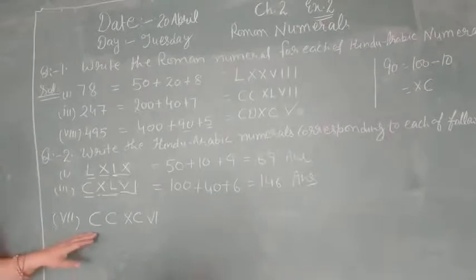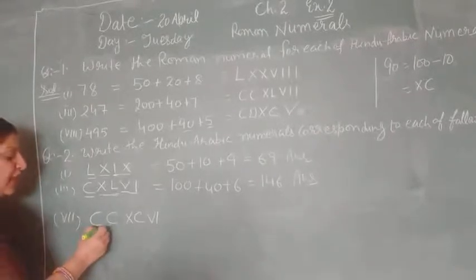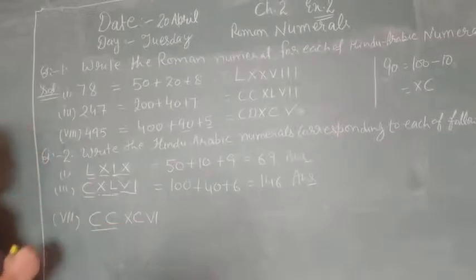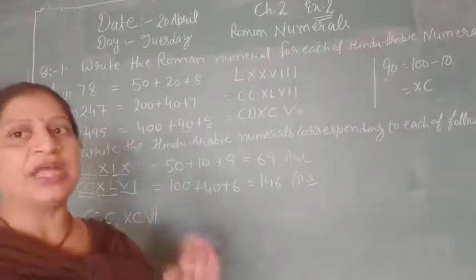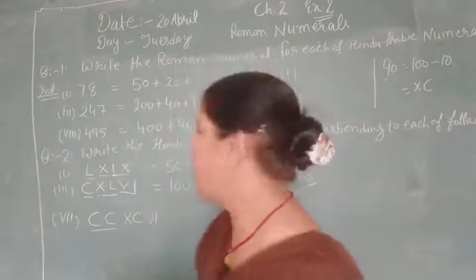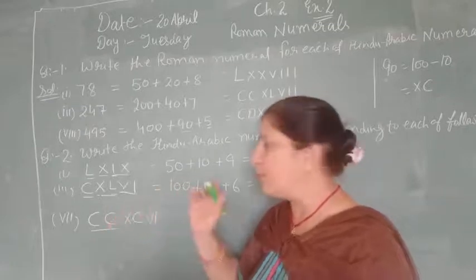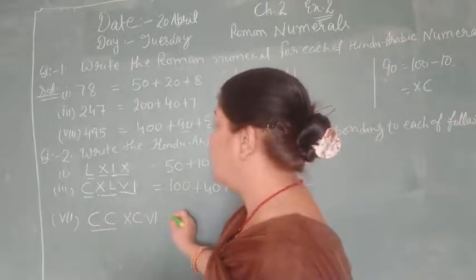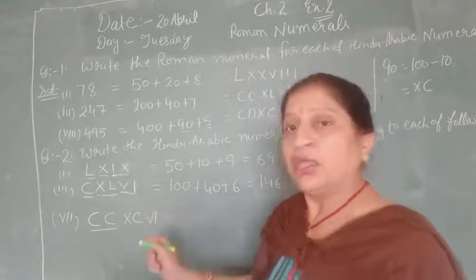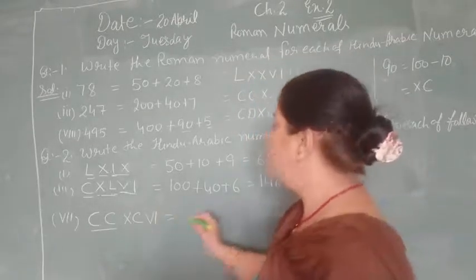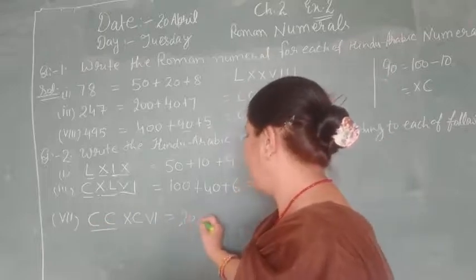Now we see the next part of this question. Here we see that C is written 2 times. It means that it is repeated, and when symbols are repeated, you have to add the numbers. Here C is represented 2 times, and we know that the C value is 100. So 100 plus 100, we get 200.